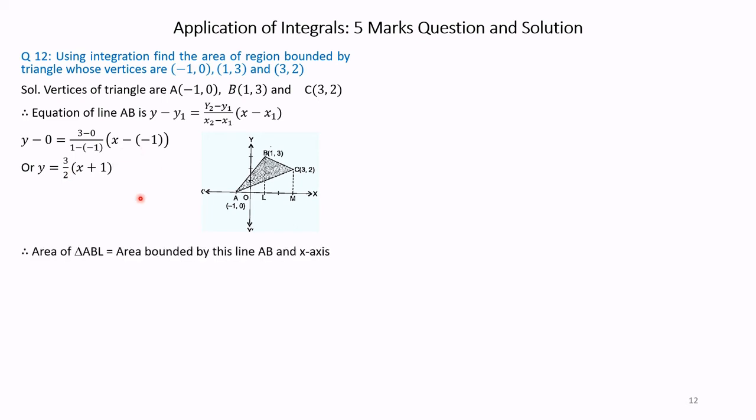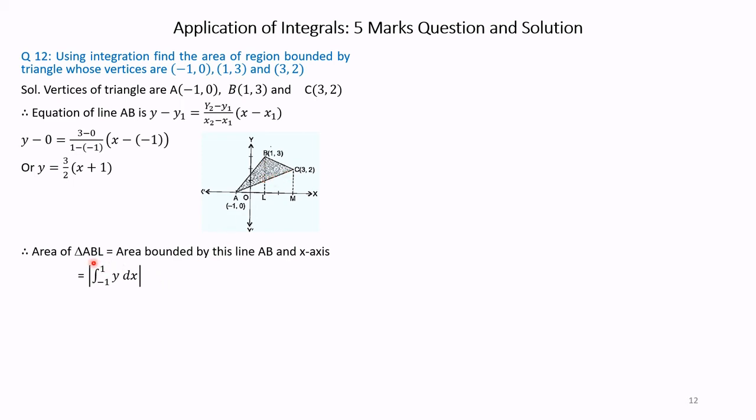So therefore, the area of triangle ABL is bounded by this line AB and the x-axis. Therefore, it is the mod of the integral from minus 1 to plus 1, that is A to B. For this triangle, we have to find the area of two triangles, that is ABL and BLC.